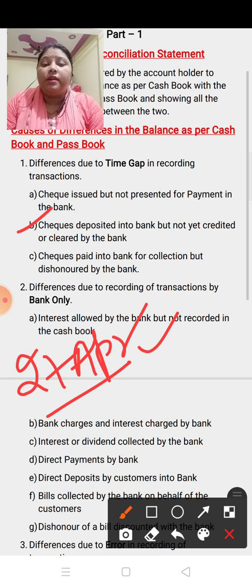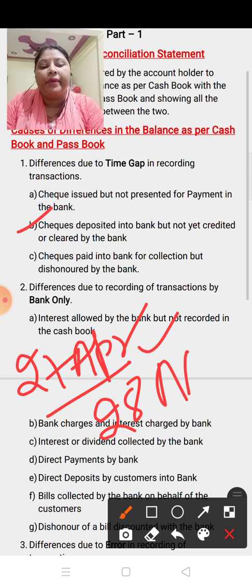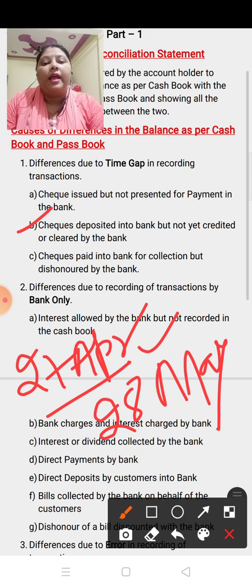But in the bank the amount is not credited. When will it be credited? Suppose on 28th May. It means on 28th May the bank will add the amount, but we added it on 27th April. So this is also one reason why, with the time gap, the cash book and passbook will differ.